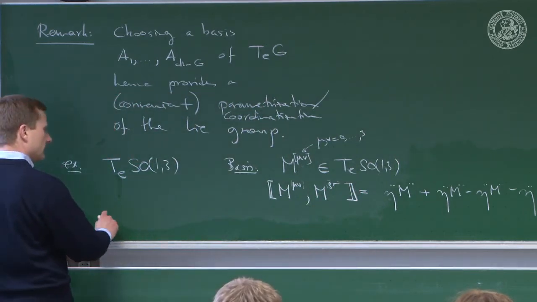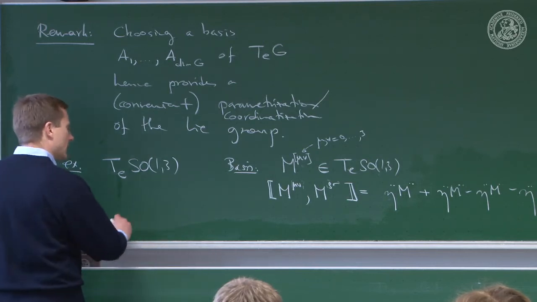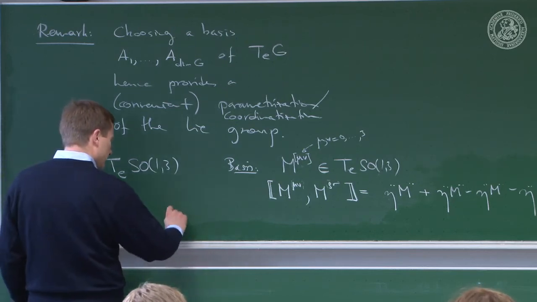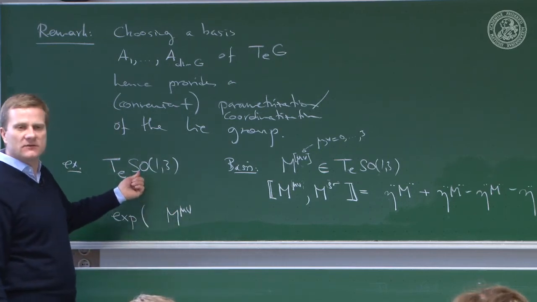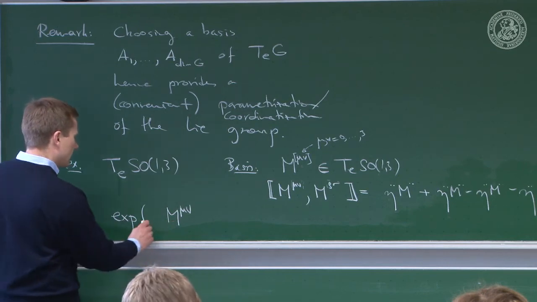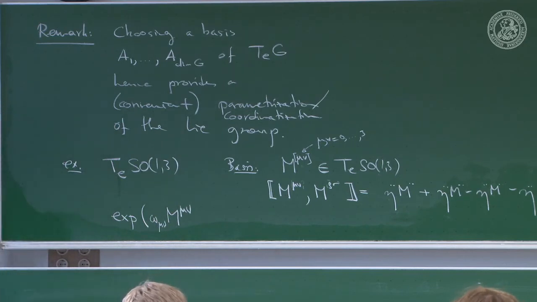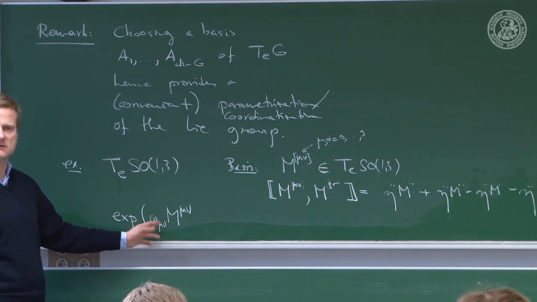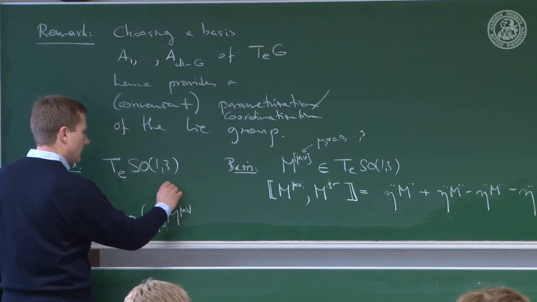And indeed, you get, well, hang on, do you get all of SO(1,3)? I think you just get the orthochronous subgroup, whatever. Anyway, you can consider exp of any of these guys, but because they're a basis, I want to get any element of the tangent space here. Well, I can do this by providing linear combinations with 6 coefficients, which I label ω_{μν}, but they're only 6 because this is just the label. So these ω_{μν}, each of them is just a real number.